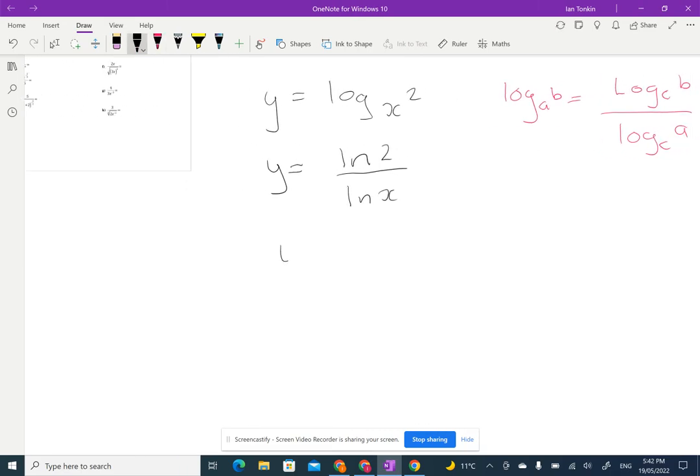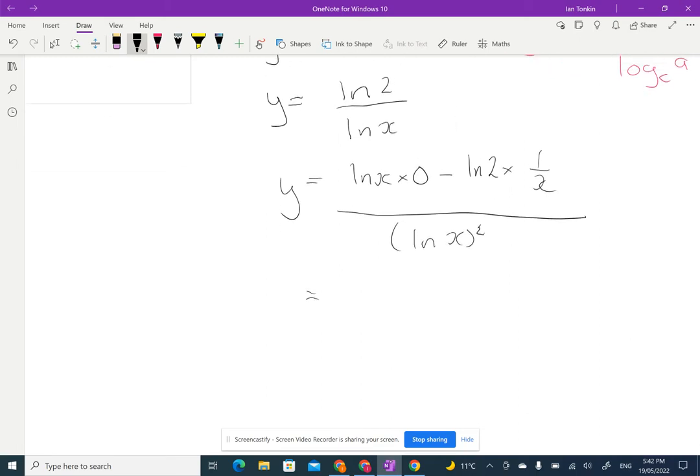So all you have to do is, I rewrote this and used the quotient rule, so it's the bottom, ln x times the derivative of the top, which is 0, because remember ln2 is just a number, minus the top, which is ln2, times the derivative of the bottom. The derivative of ln x is 1 on x, all over the bottom squared, which is ln x all squared.